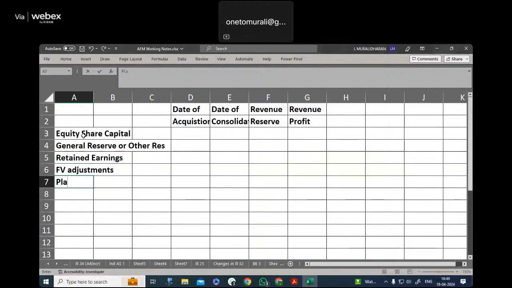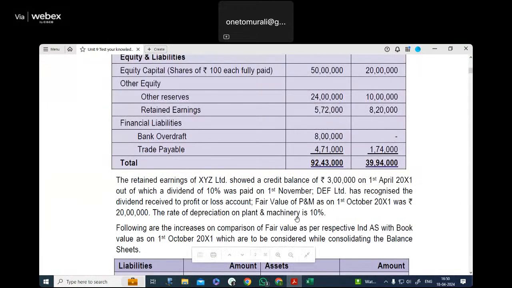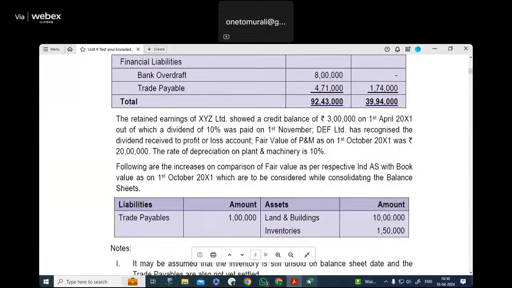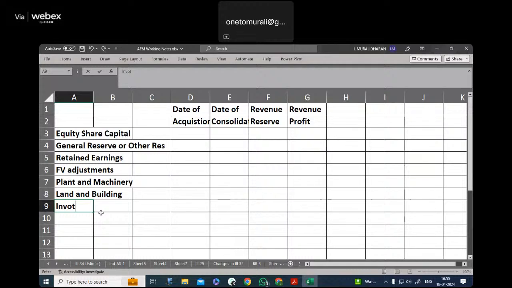such as onto plant and machinery, land and building, inventories, trade payable, and additional depreciation adjustment.